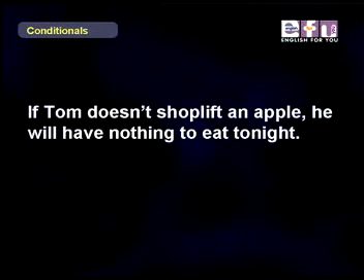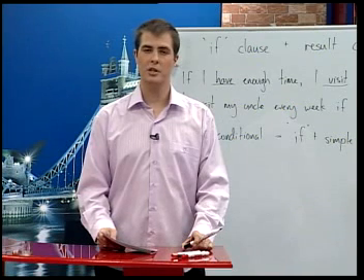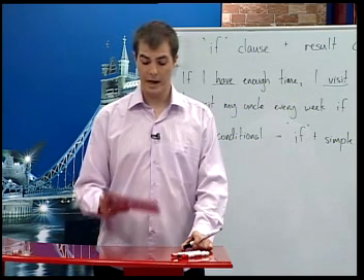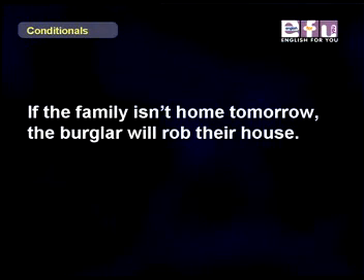If Tom doesn't shoplift an apple, he will have nothing to eat tonight. The simple future is used in the result clause when the sentence concerns a particular activity or situation in the future. And another example. If the family isn't home tomorrow, the burglar will rob their house.